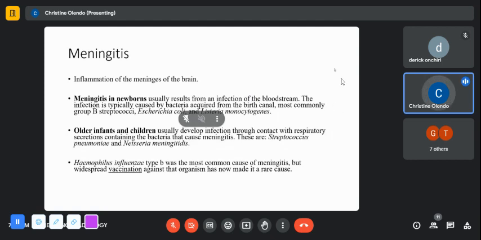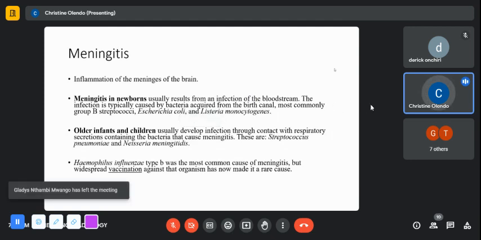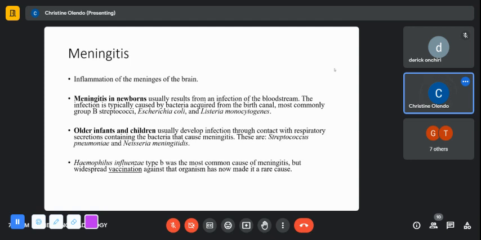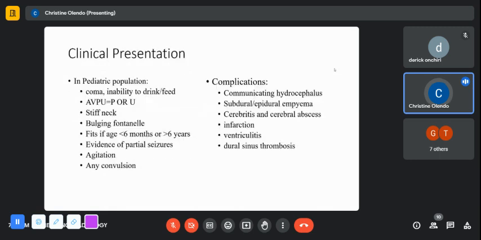In older infants and children, it's mostly through respiratory secretions, caused by strep pneumo and Neisseria meningitidis. For a long time, Haemophilus influenzae type B was one of the most common causes of meningitis, but since vaccination became widespread, we've been seeing fewer cases of meningitis caused by it.